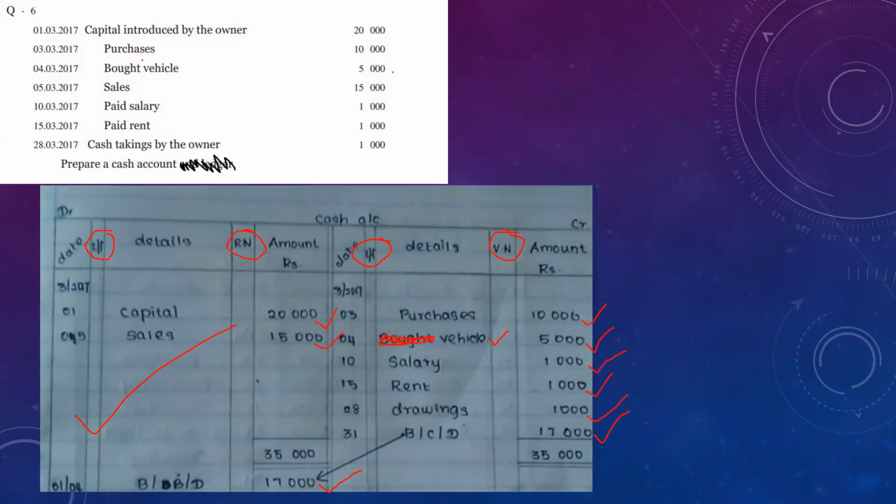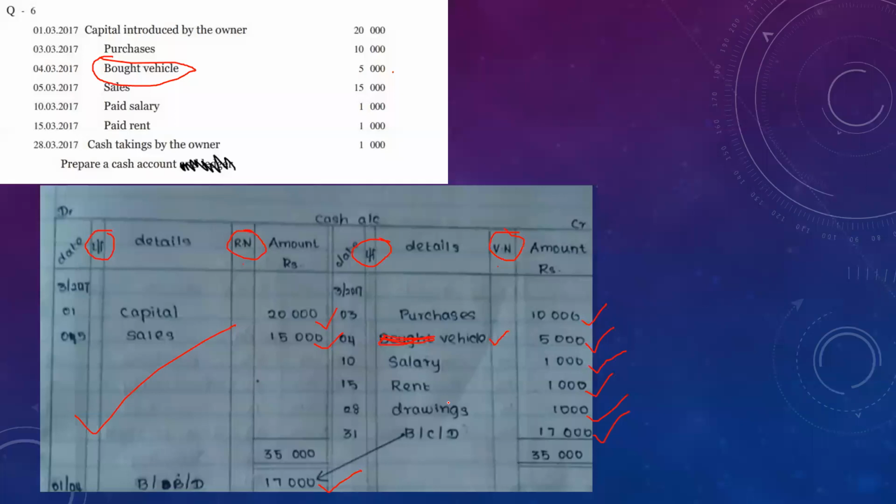When you buy furniture, when you buy a vehicle, my dear, be careful. Bought a vehicle, you cannot write purchase in the cash account. I already clearly taught you under the accounting equation also. The word purchase is used only for stock.